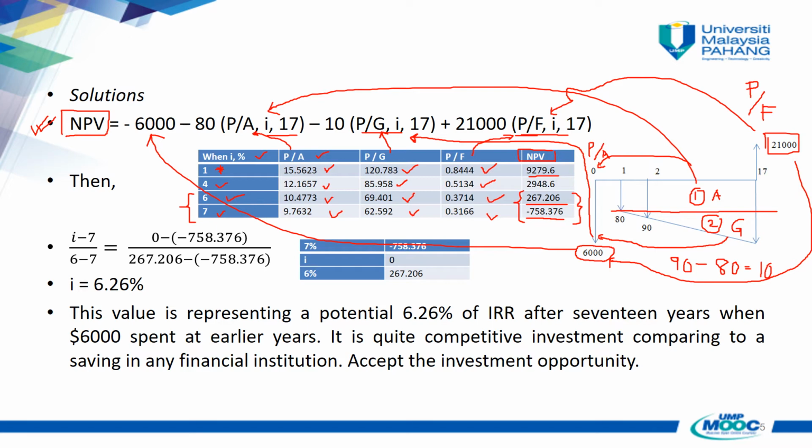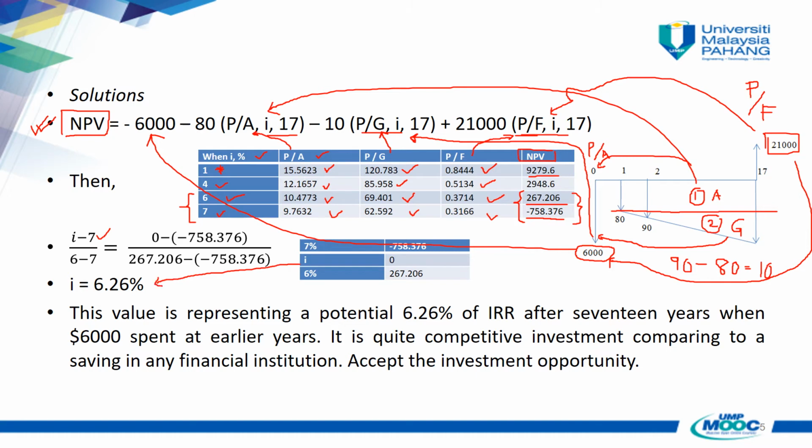So in our case, I minus 7%, divided by 6% minus 7%, is equivalent to 0 minus negative 758, divided by 267 minus negative 758.